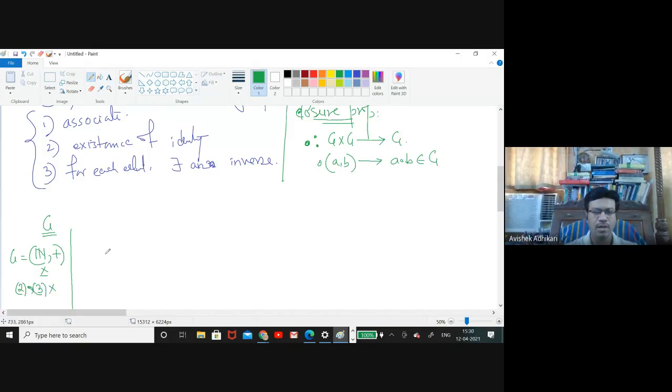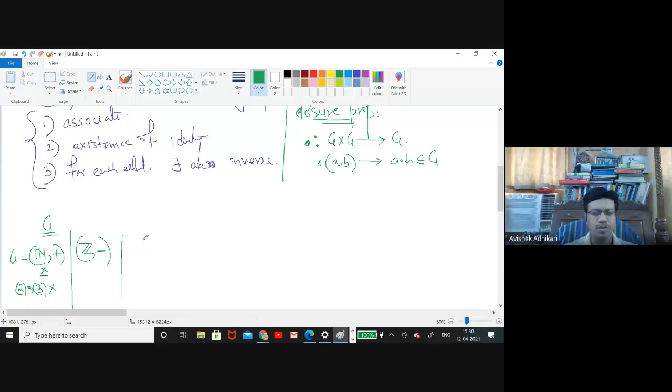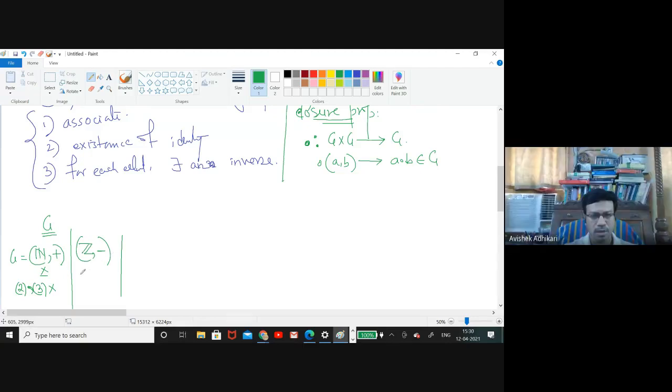Now if somebody says, if I consider Z with respect to minus, will that be a group? No. Which property does it fail?